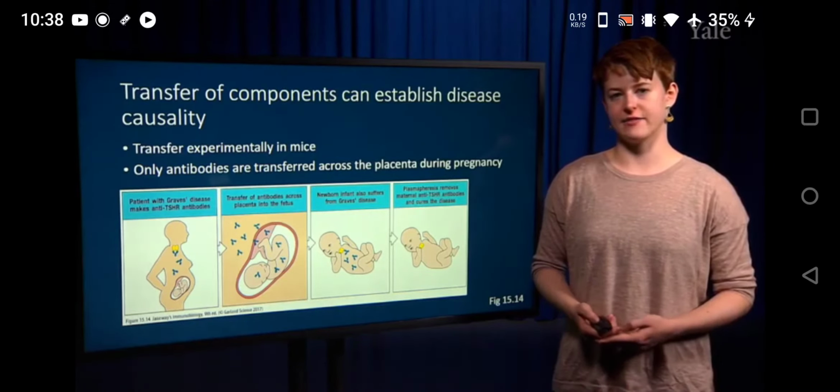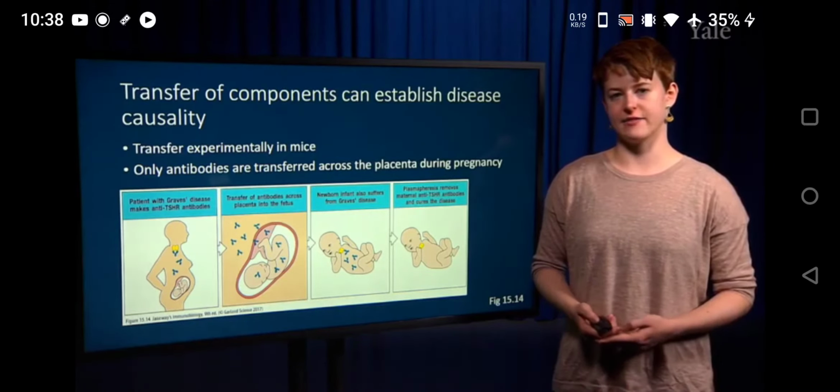In the few months after birth, these maternal antibodies will start to degrade, and then the infant will improve and no longer have the disease. So this is a natural way that we can figure out which parts of the immune system are leading to the disease. So transfer of components can establish disease causality, like I said.